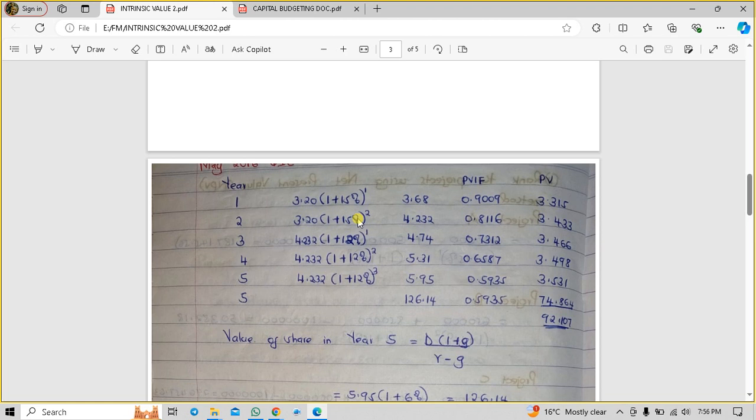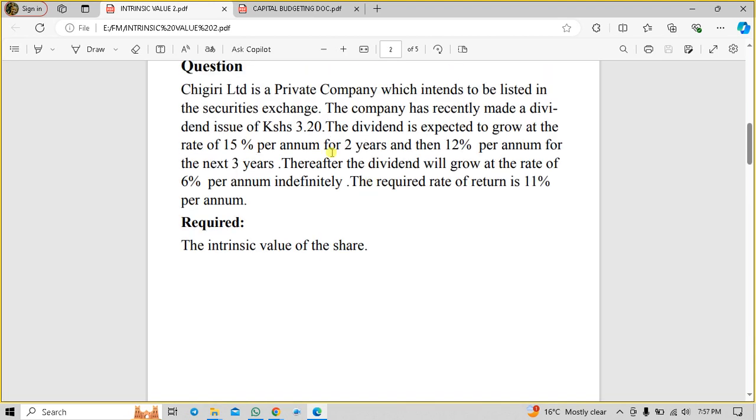First year, second year, same rate. But remember here we are saying power 2. So you're supposed to get 4.232. I'll be able to explain the PVIF part. So then you proceed. So the first 2 years, the dividend grows at 15%.